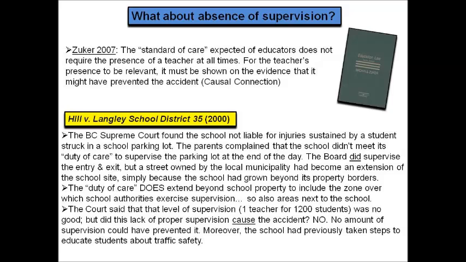There must be, in other words, a causal connection between the lack of supervision and the accident. So it doesn't mean that every minute of every second somebody has to be watching, Big Brother. That's not what you're there to do.